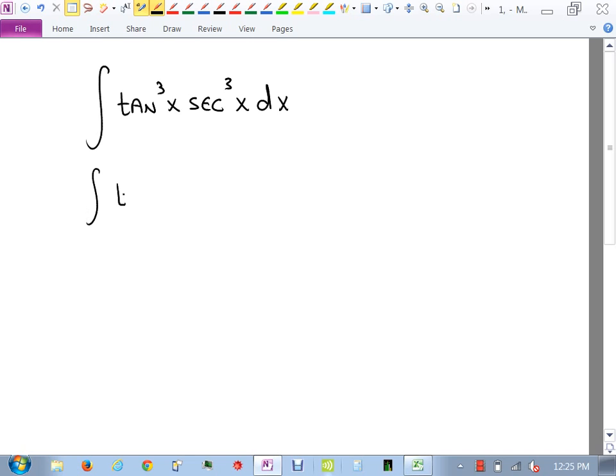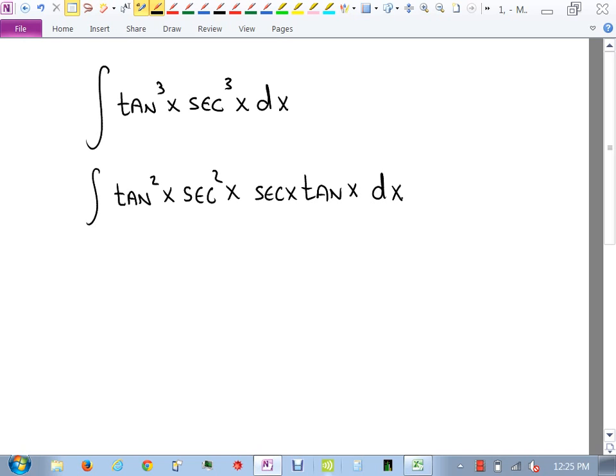What we'll do is we'll peel off one secant and one tangent from each. Secant x tangent x is the derivative of secant x.